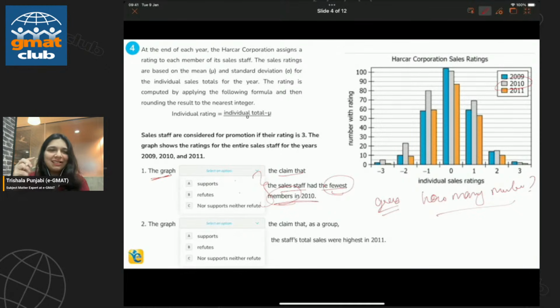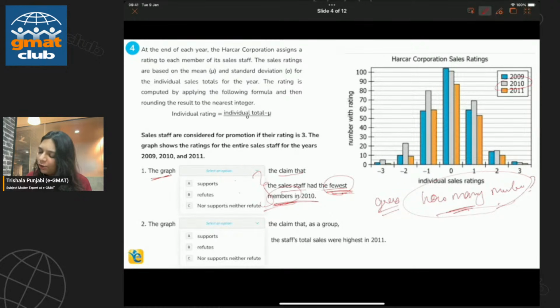Certain times the wording is going to be a little bit peculiar, but the more questions you do, the more you'll get out of it. Can we figure out the number of people from this chart? Yes, okay, great. So we can figure it out.